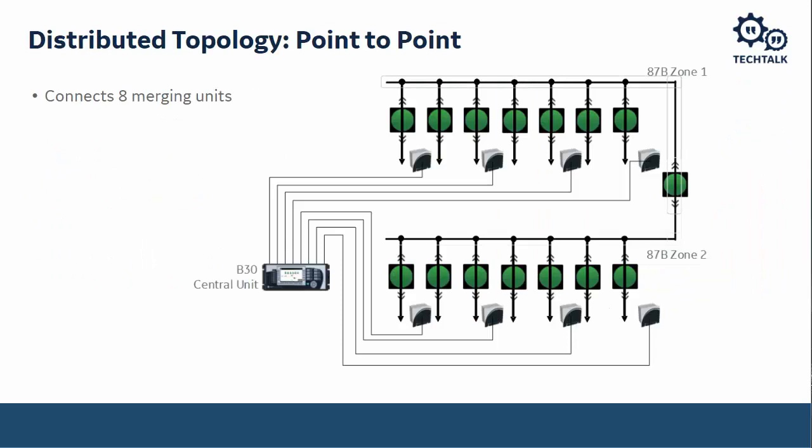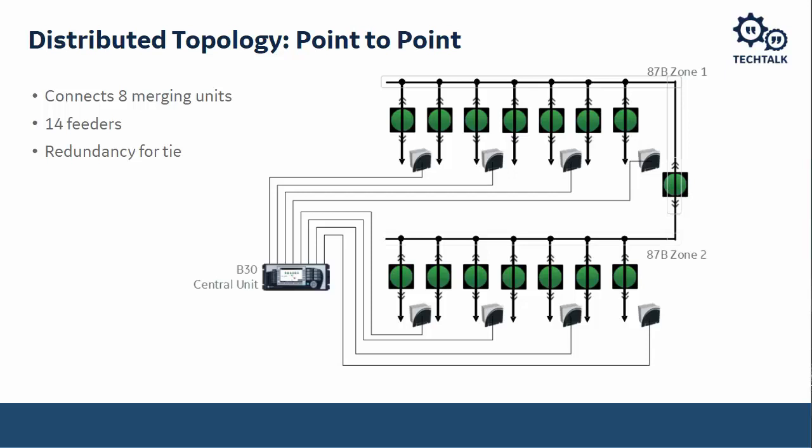Okay, so let's look at what these topologies look like. So here is a point-to-point topology. I've got 8 merging units in this particular distributed topology. Now, remember, I'm limited to 8 if I'm using a point-to-point topology, because that's the maximum number of ports I can have on the back of the relay.